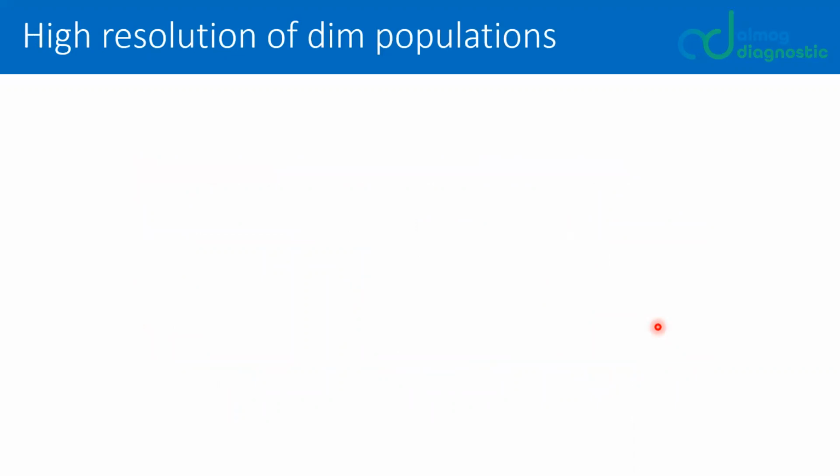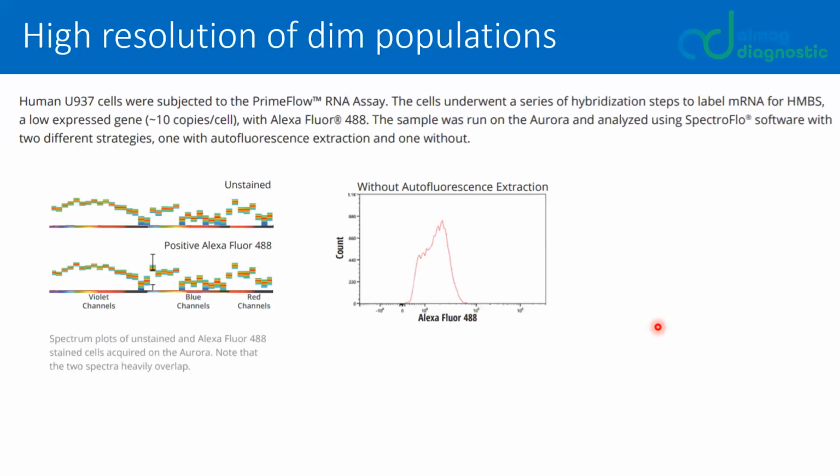Another very unique feature that is a real superpower is the ability to subtract the autofluorescence. This is of high importance when we have dim populations. High resolution of dim populations is again thanks to the powerful lasers and the sensitive detectors, but mainly because of the unique superpower to extract the autofluorescence.